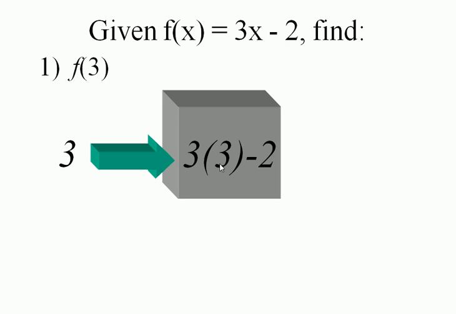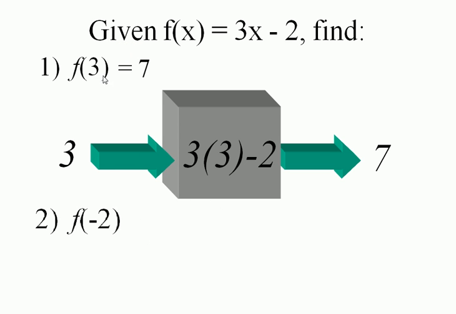So when we plug that 3 in, what do we get out? 9 minus 2 is 7. So this statement right here says, when I plug 3 into function f, I get out 7.